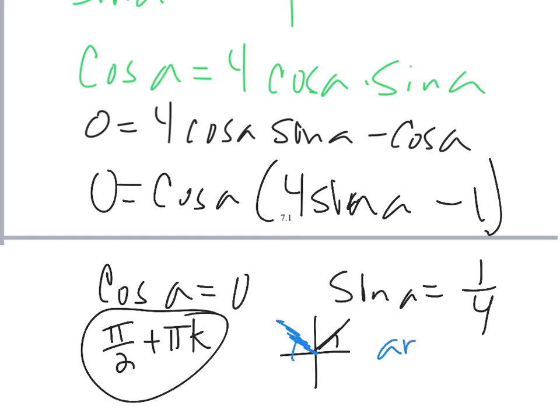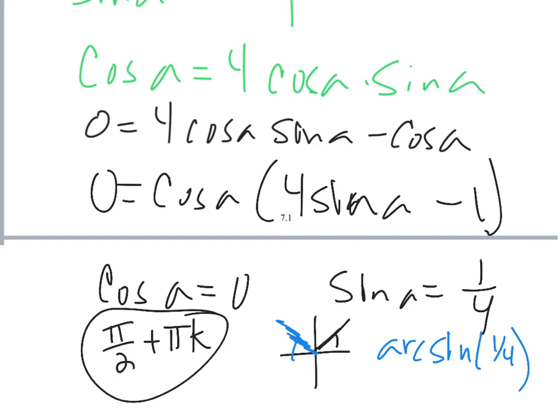So if we do the arc sine of 1/4, that's going to give me what? I'm just thinking if I've got an extraneous root with a cotangent at pi over 2. But let's get back there.